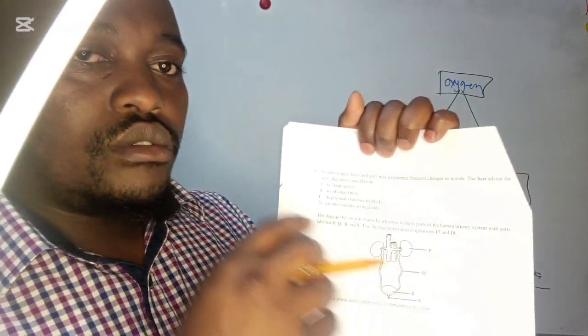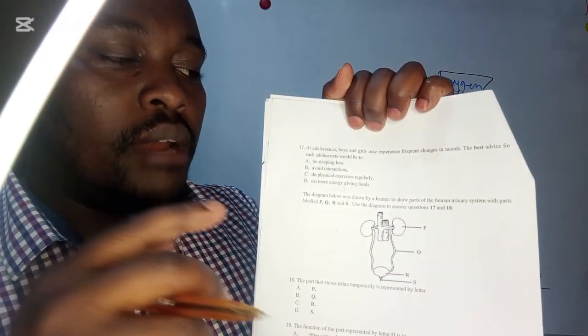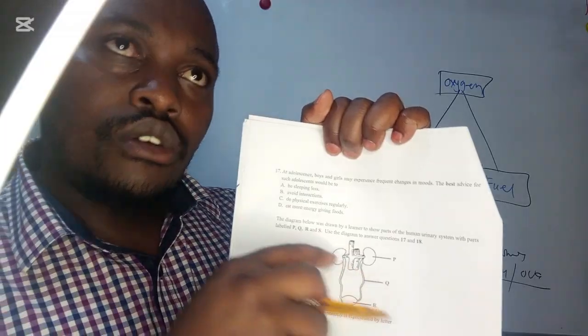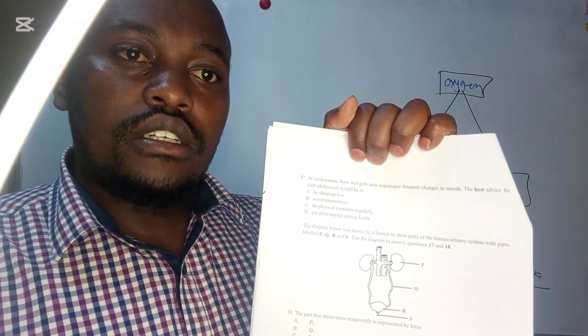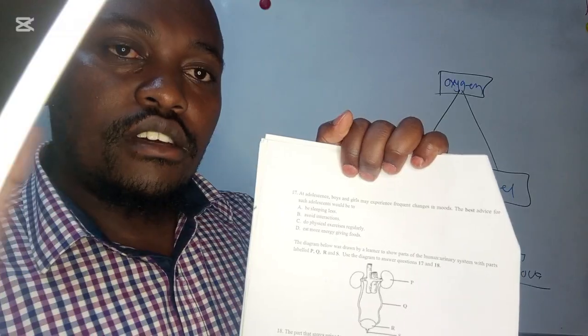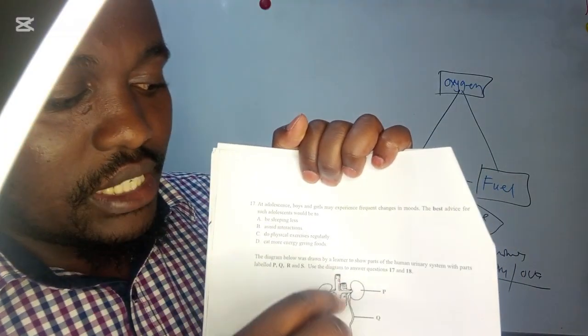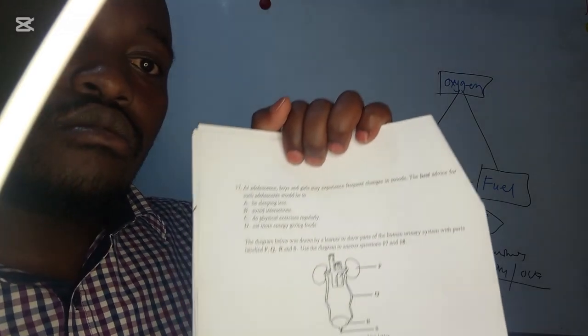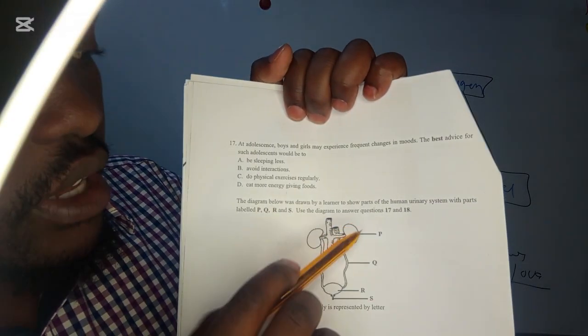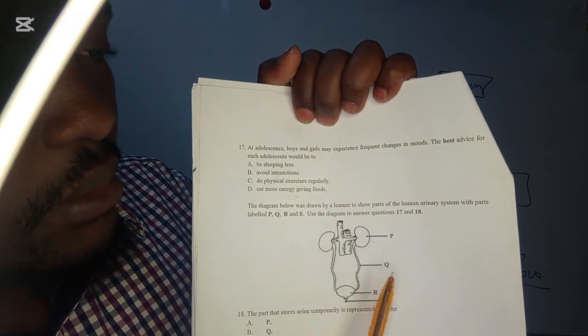So when you know that blood is coming to the kidneys, know blood is coming from the heart or from the parts of the body, pushed by the pumping of the blood to these parts. Then when it comes out of the kidneys, it is through the renal vein. Anyway, that is not asked here, but it was important.